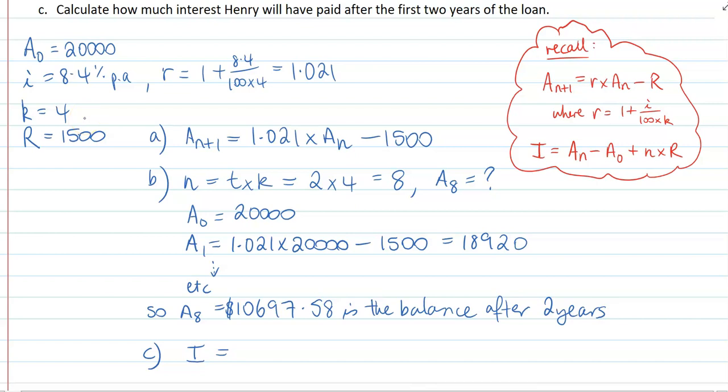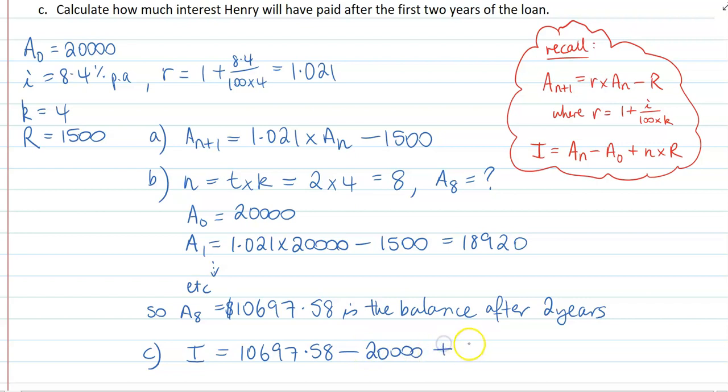For part C, we're interested in how much interest Henry has paid over those 2 years of paying that loan off. So we simply substitute everything that we know into the total interest formula, subbing in the value of the loan after 2 years, which was my 8th recursion of $10,697.58, minus my initial loan amount, which was the $20,000.